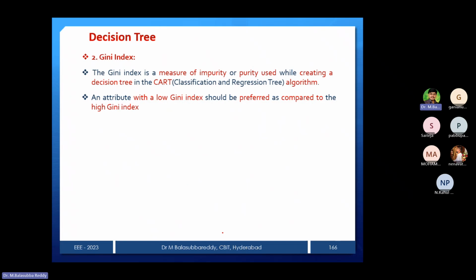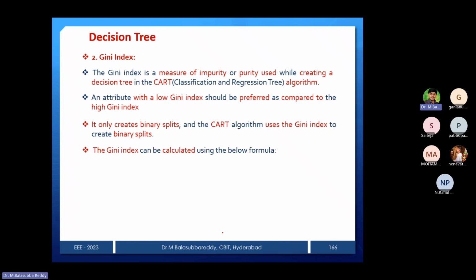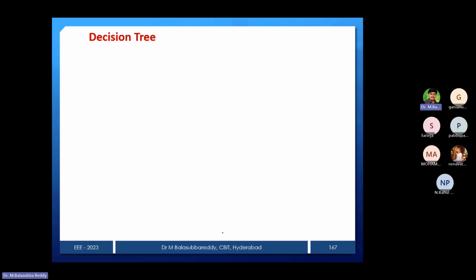The attribute with a low Gini index is preferred. You can see that in only creating a binary splitting, the CART algorithm uses the Gini index to create the binary splitting. We observed that while going for splitting as well. Gini index can be calculated using this formula: 1 minus the sum of the probability squared. This is the formula for Gini index.